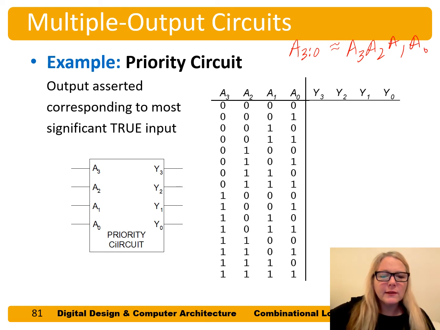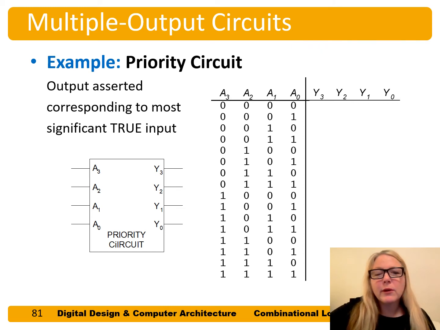And so let's suppose our inputs, the highest priority is A3. Let's suppose, for example, we have priority for people requesting to use an auditorium on campus. Here's the president of the university, and he or she has the highest priority.